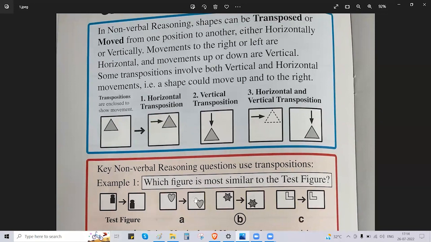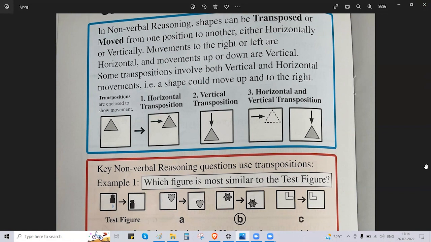The first example says which figure is most similar to the test figure. So the figure that's most similar to the test figure would be, so we see that the shape, the can is going down, and then it's going to the right.